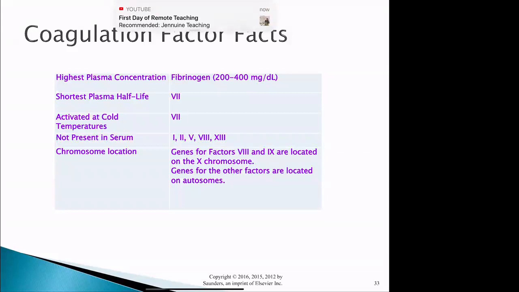In Coag, what we're trying to do is identify the activity of these factors, right? So if we run a serum that doesn't have fibrinogen, prothrombin, factor 5, factor 8, factor 13, we're not going to be able to use it for our coagulation testing.